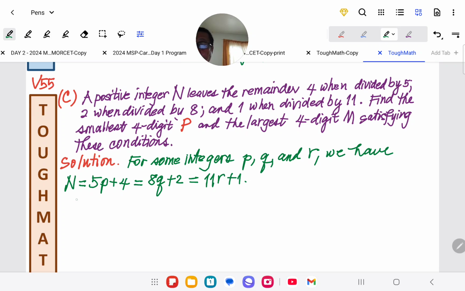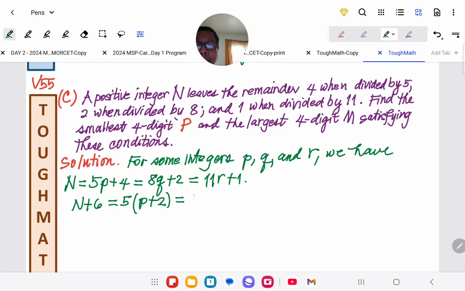Now, when you add 6, n plus 6 is equal to 5 times p plus 2. Plus 2 because when you add 6, the 4 becomes 10, and 10 is 5 times 2. And then, when you add 6, the 2 becomes 8.